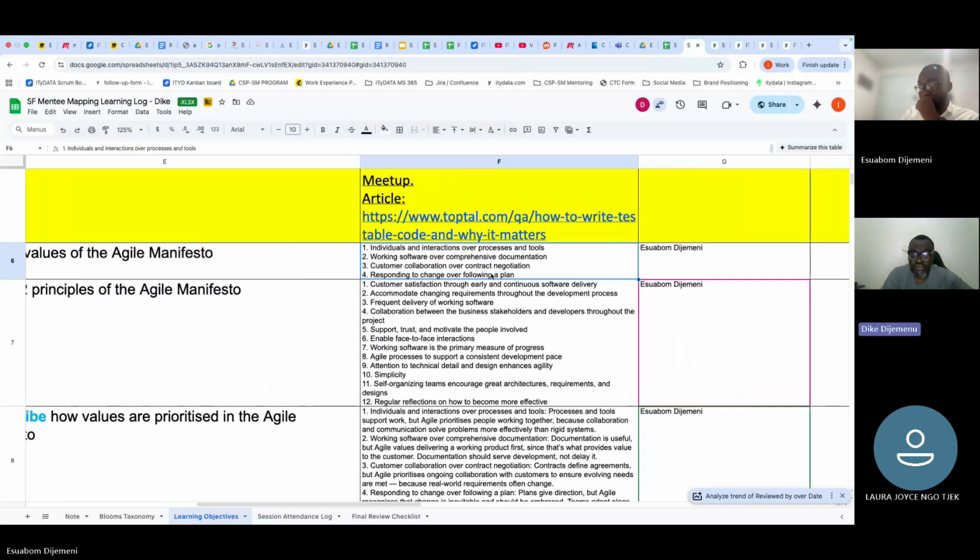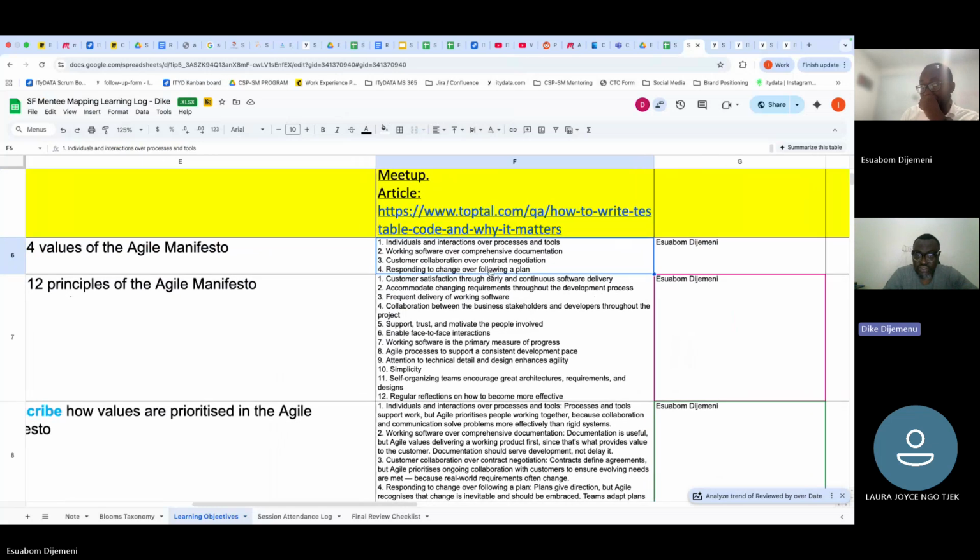The second value I highlighted was working software over comprehensive documentation. In practice, we'll be looking at how we can deliver real usable results, at least workable results as opposed to final results.